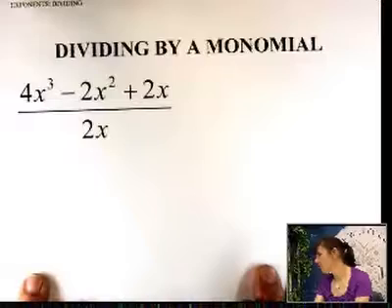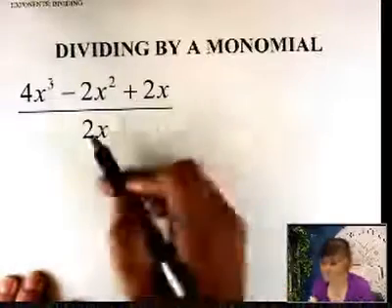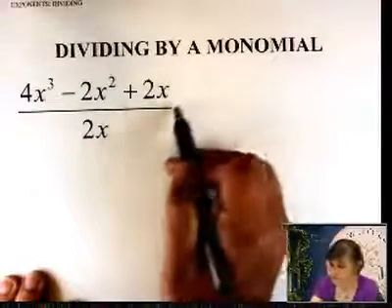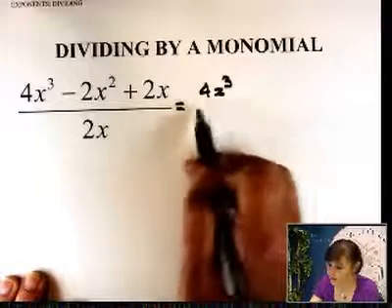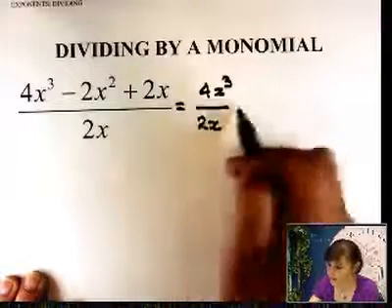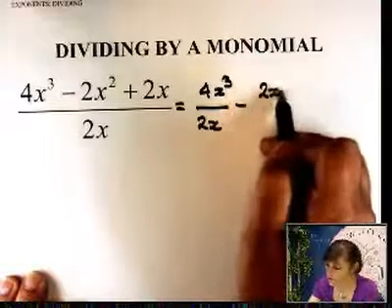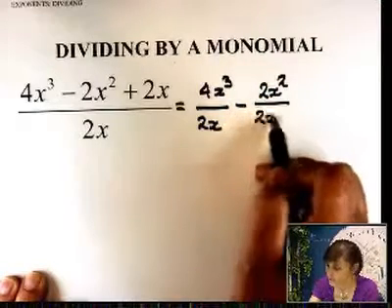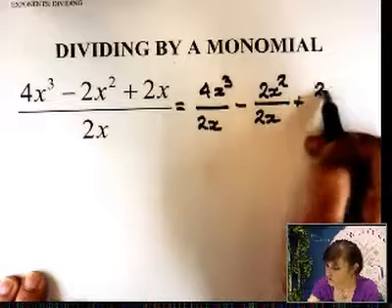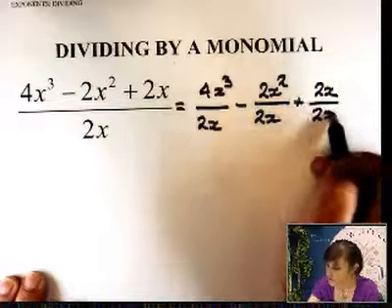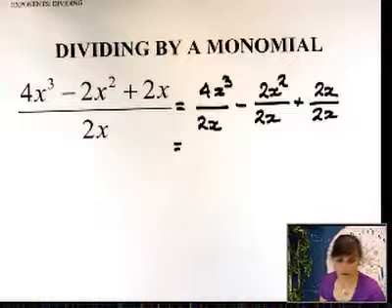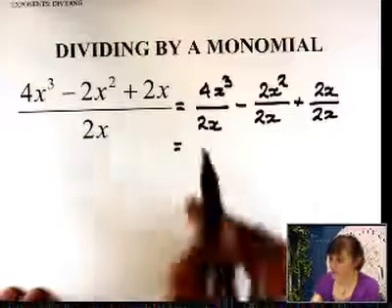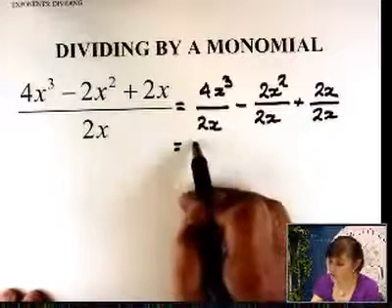How about I have a trinomial and I'm dividing by a little harder monomial. Split the terms: 4x cubed over 2x, minus 2x squared over 2x, plus 2x over 2x. Take your time. All right. The first term, 4 divided by 2 is 2.